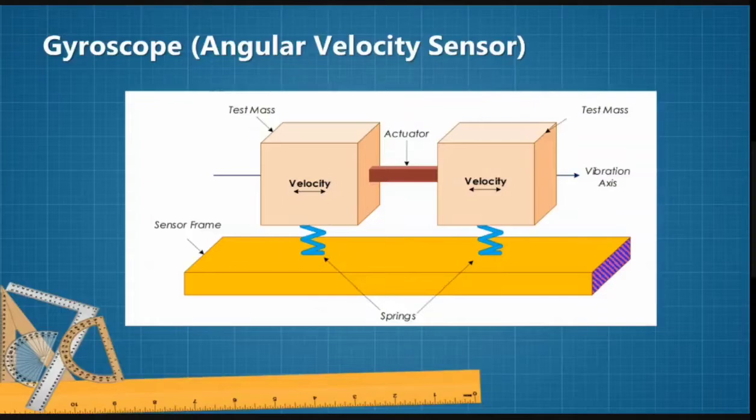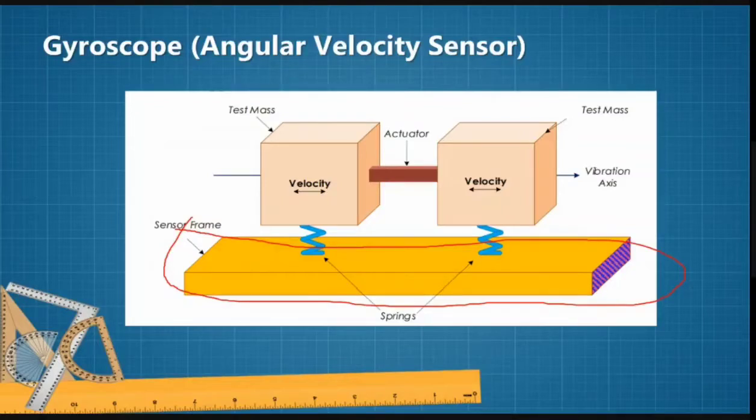This is the test mass, this is the spring, this is the sensor frame part, and this is the vibration axis for the two or more test masses.